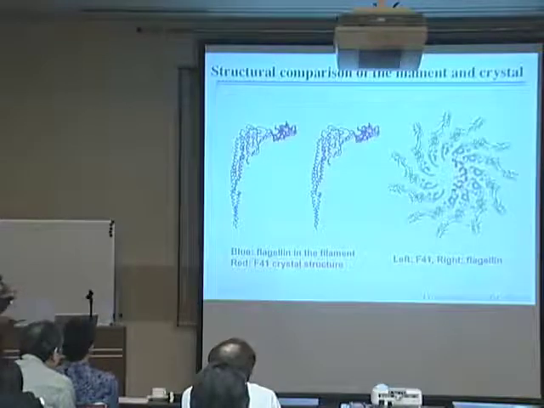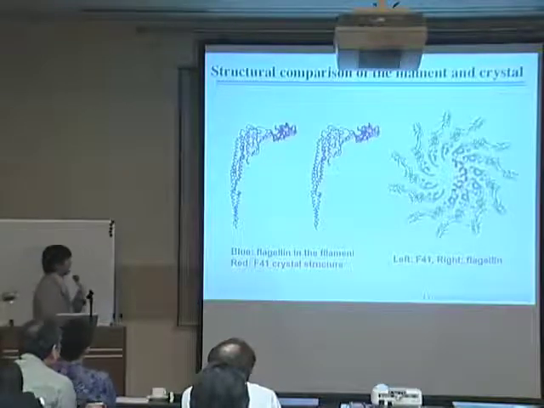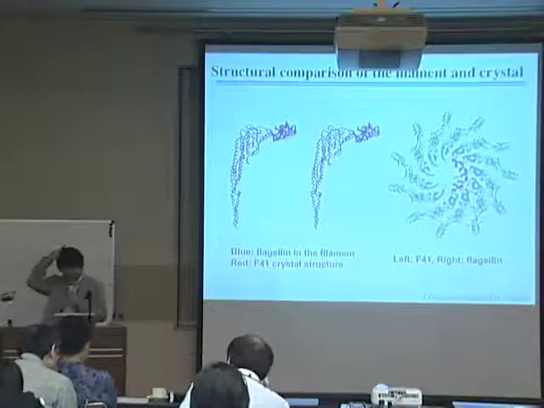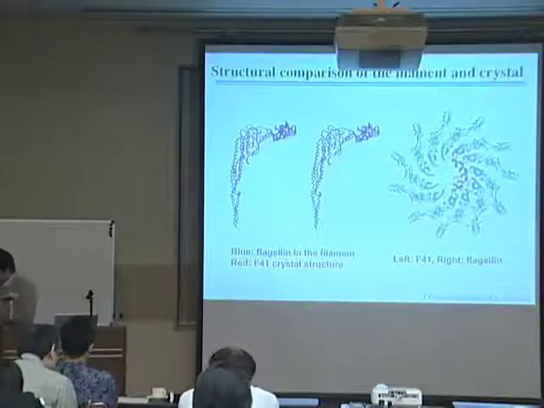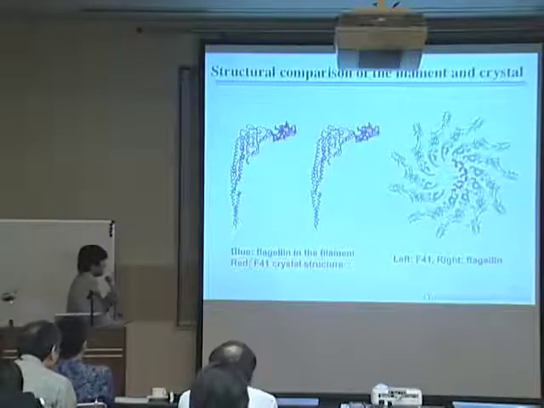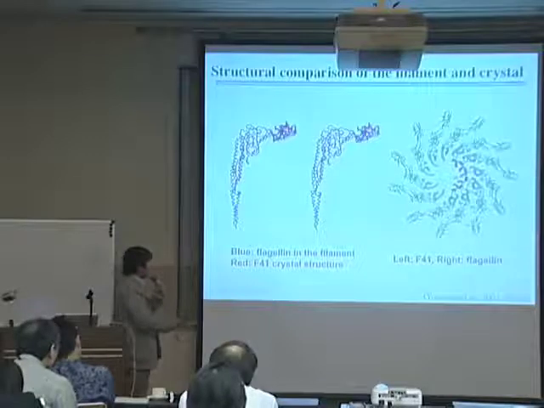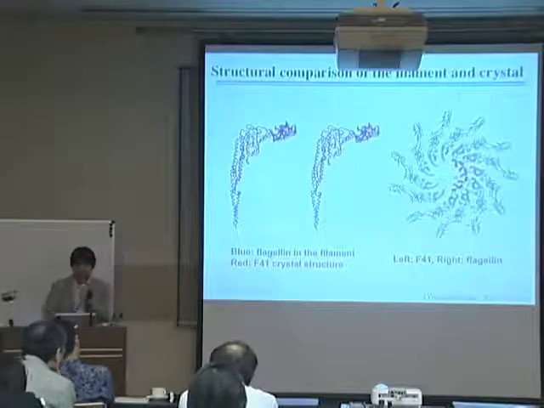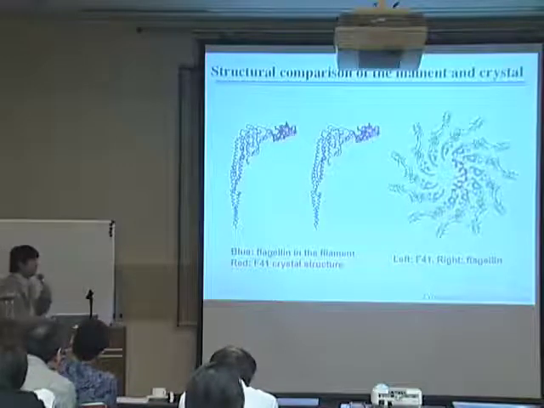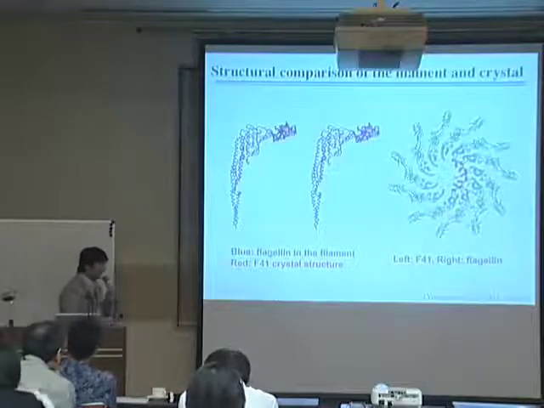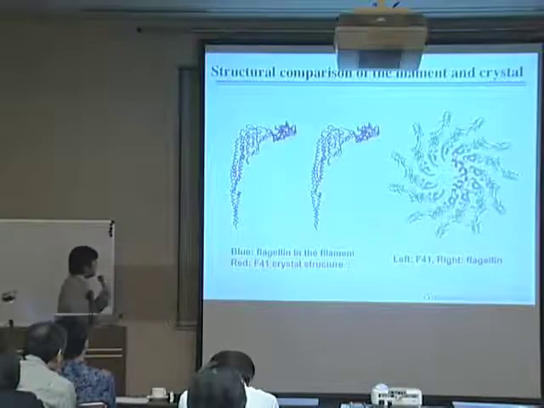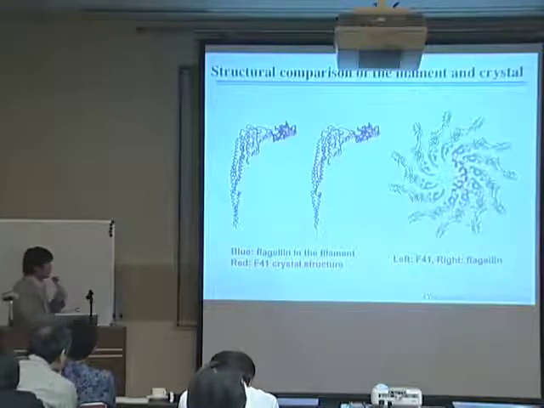And after that, in 2004, the technology using the electron microscope dramatically improved. And we had the whole filament structure of the bacterial flagellum using electron microscopy. Well, the resolution is not at the actual atomic level, but you can trace the main chain of the amino acids of this protein.